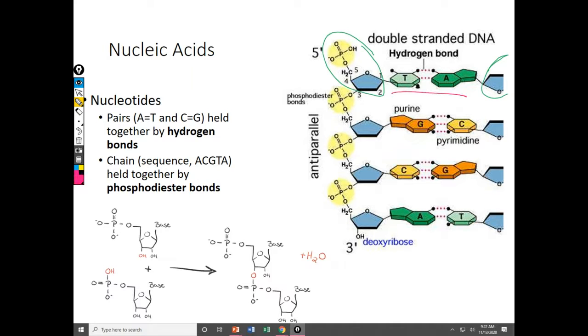Let's use a different color here. We have our nitrogenous bases as they're paired up with their appropriate base pair, A to T, C to G, whatever it is.